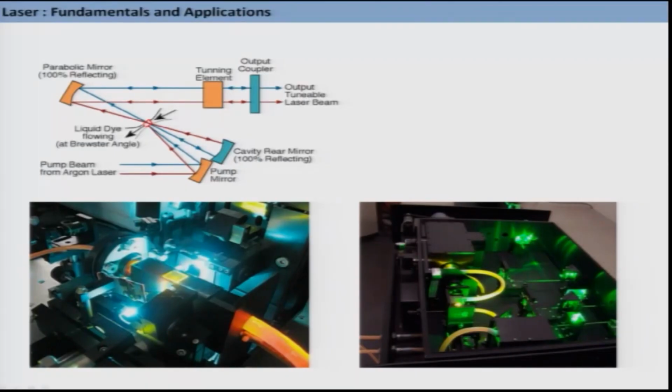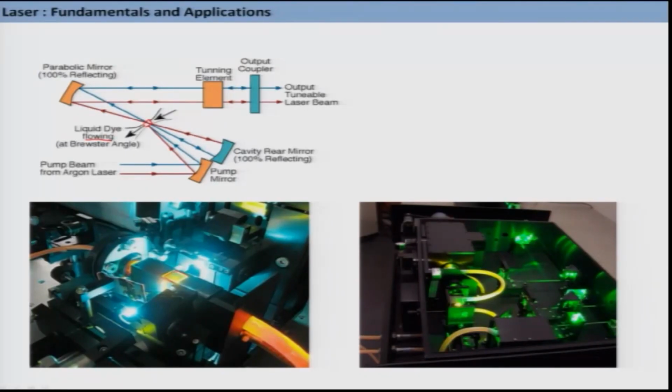On your left down, there is an actual picture of a dye laser, and the region where the dye cell is kept is shown here. The dye cell is kept in this square kind of cuvette. Now, one thing is very essential, which is not shown explicitly here, but it's mentioned that the liquid dye is flowing.